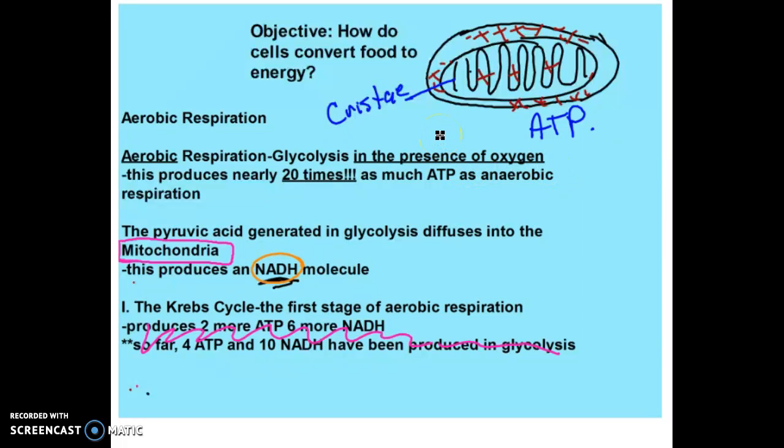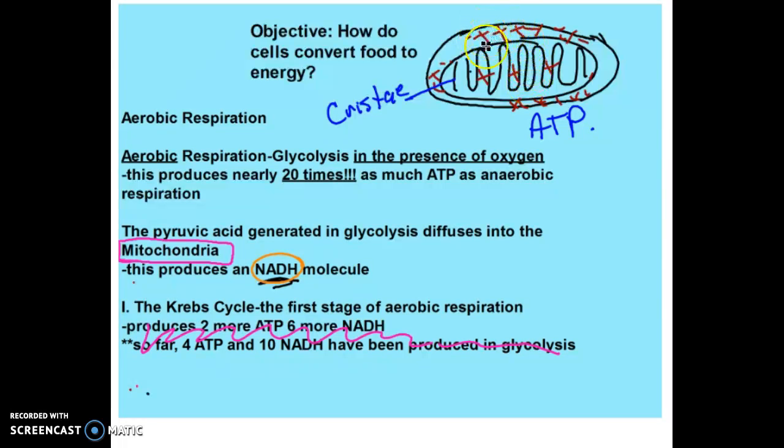We want those pyruvate or pyruvic acid molecules to diffuse into the mitochondria. And remember we talked about those cristae, all those little folds, and how important it was. What actually happens here is this increases the surface area so that more of that ATP can be made.